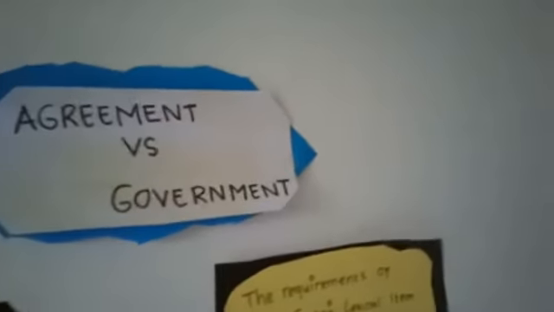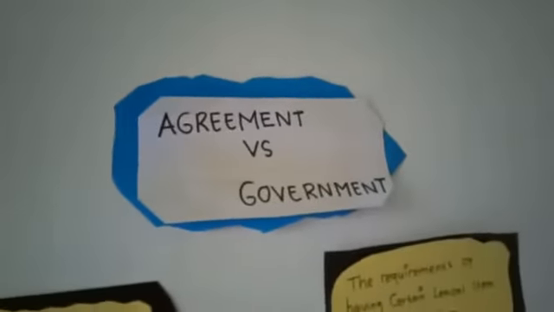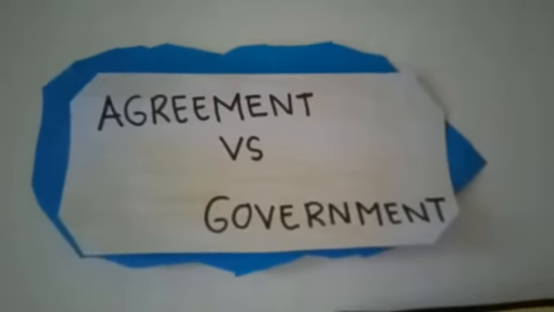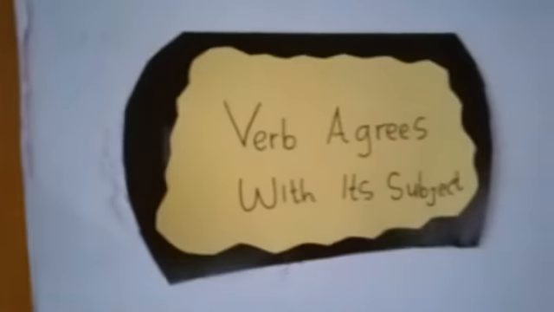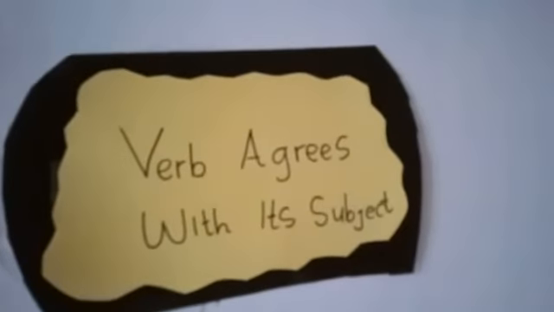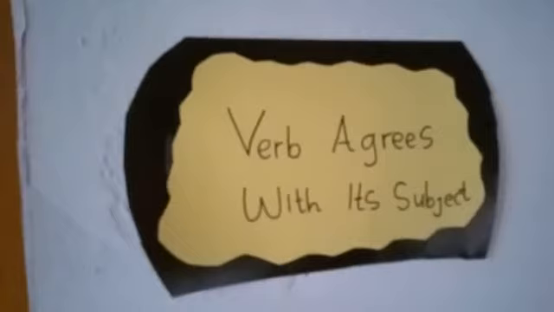After we discuss inflection versus paradigm, now we are going to discuss agreement versus government. So agreement, let's discuss it one by one also, like our previous. The definition is that the verb agrees with its subject. So it's related to the grammatical form.